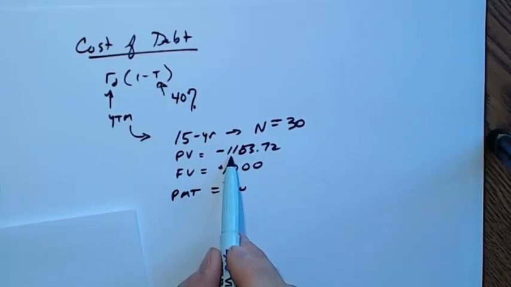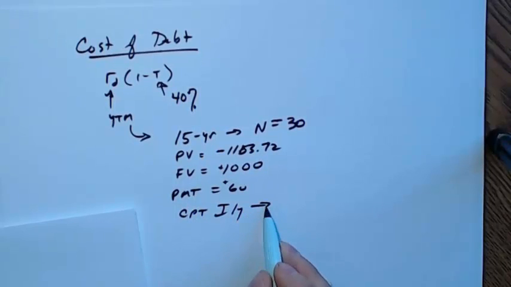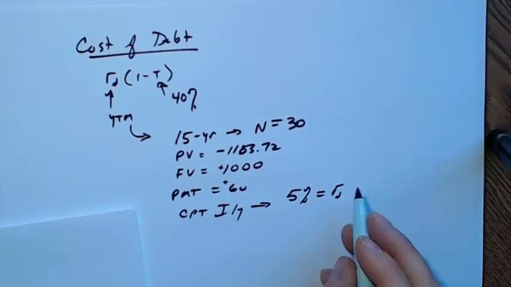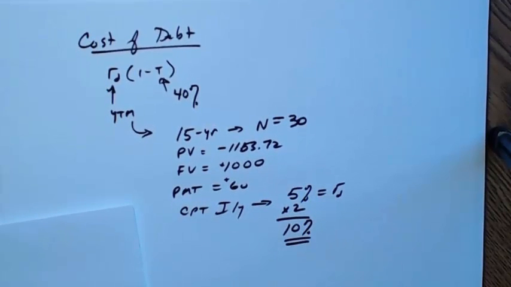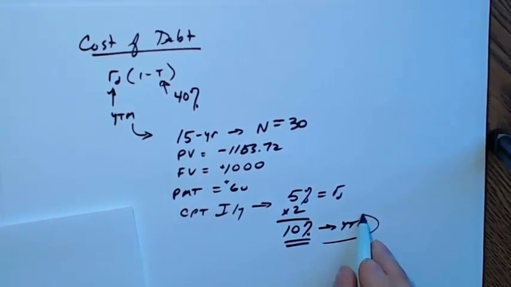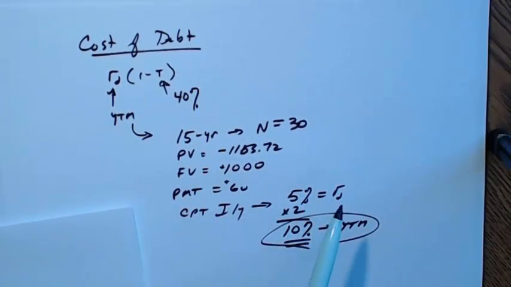So you're paying $1,153 and you're getting $1,060 back, is one way to look at it from an investor's perspective. And then you're going to hit compute I/Y, and you're going to get 5% for RD. That's on a semi-annual basis. Multiply it by 2 to get it on an annual basis. And so the interest rate on debt, the yield to maturity basically, is 10%. We want to get all these costs of capital, all the R's, on an annual basis. Okay.